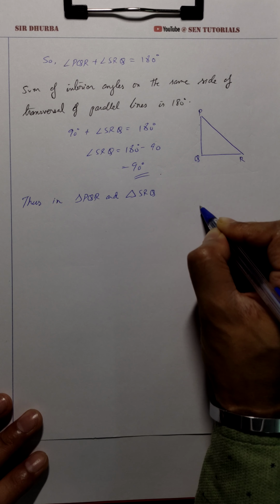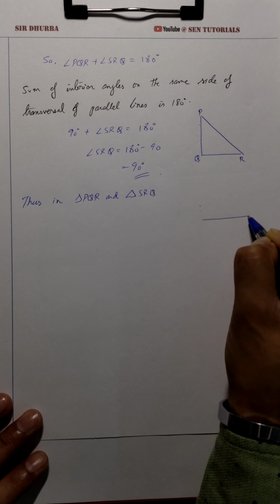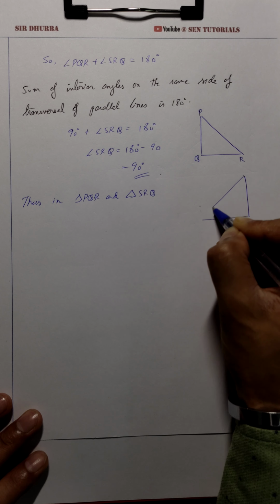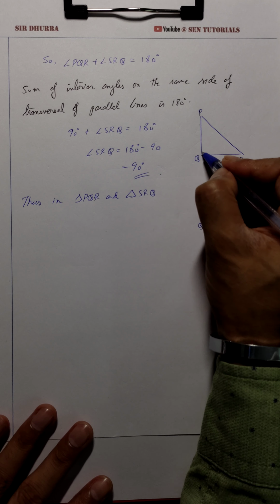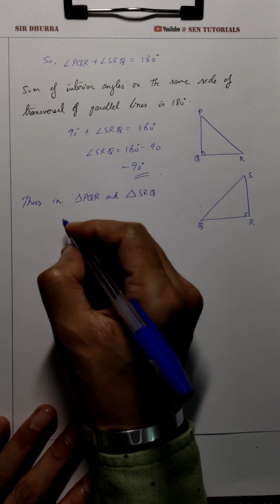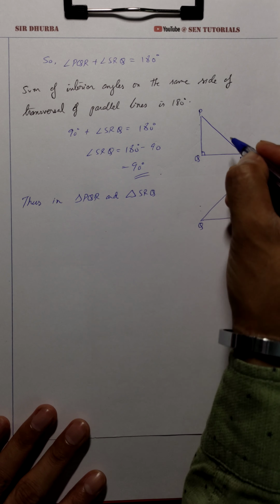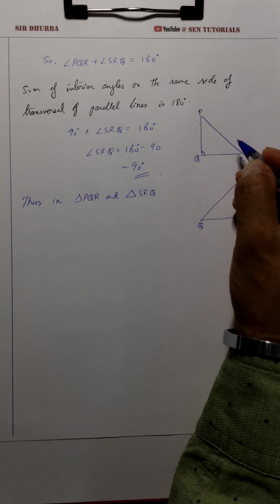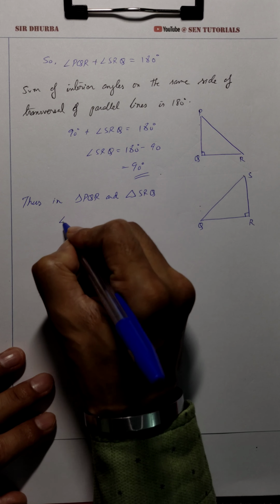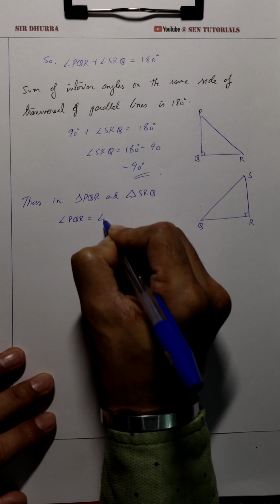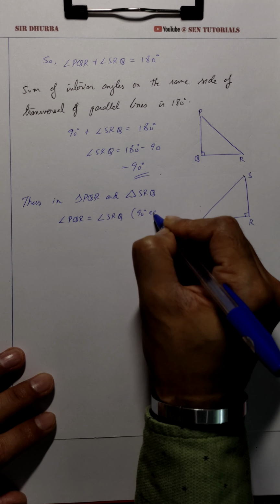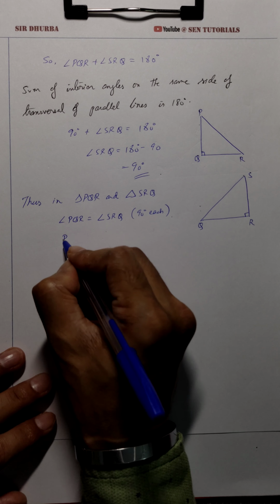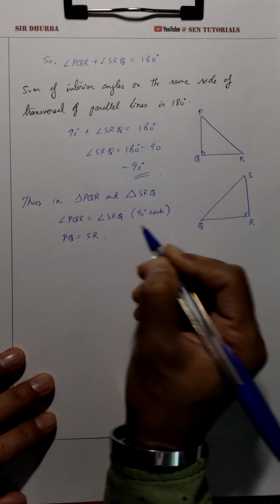Angle PQR is equal to angle SRQ, 90 degrees each, already proved.